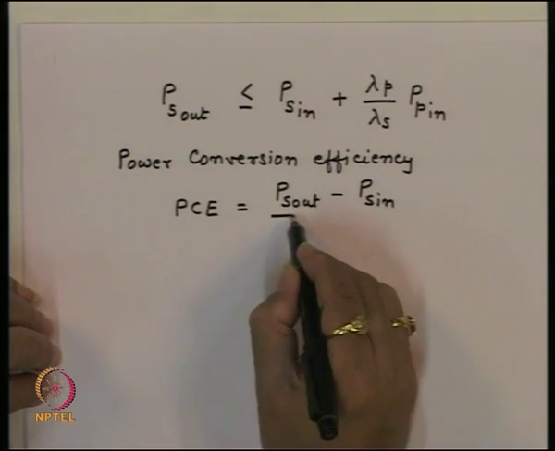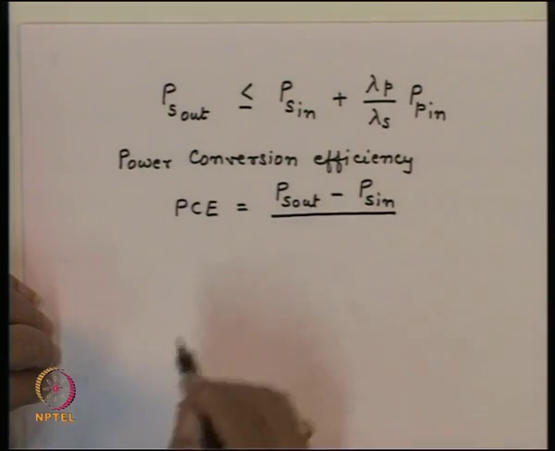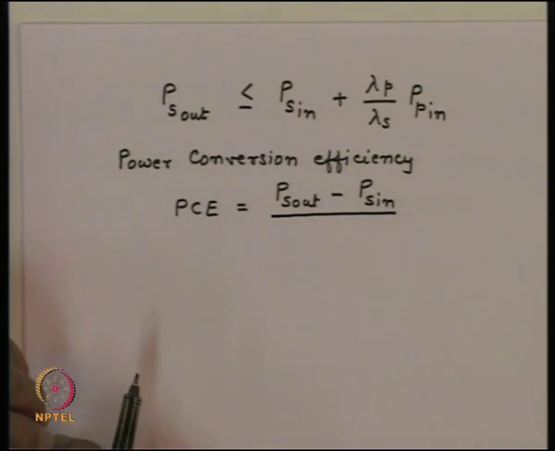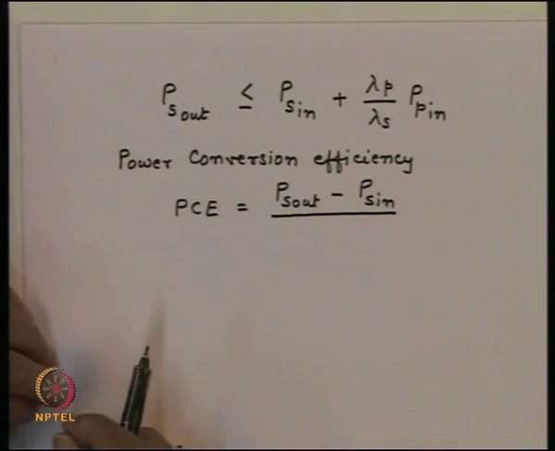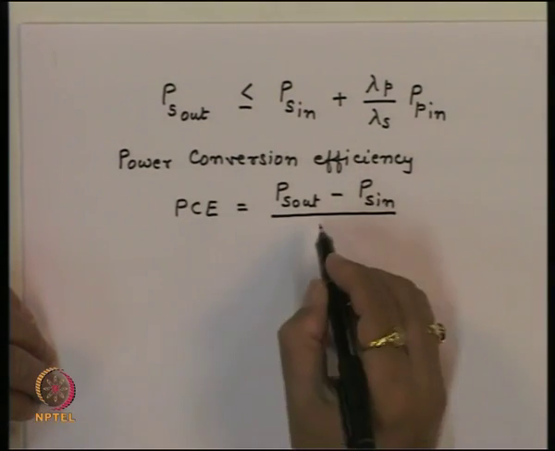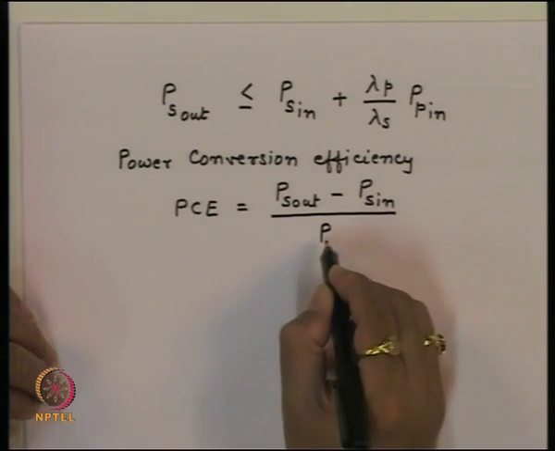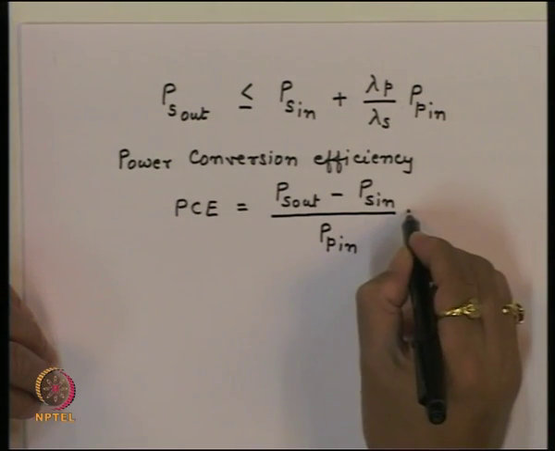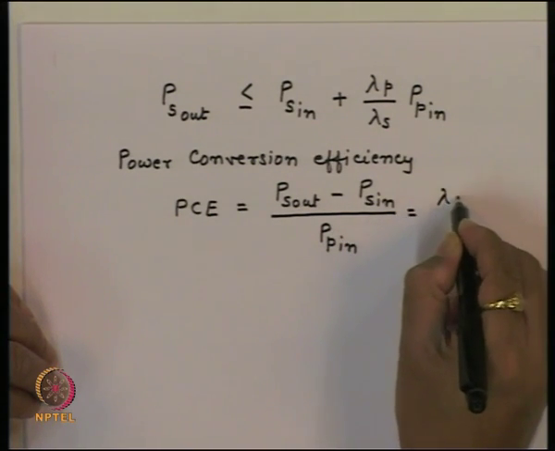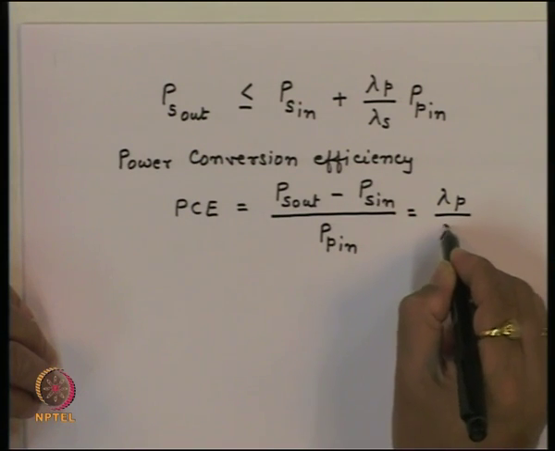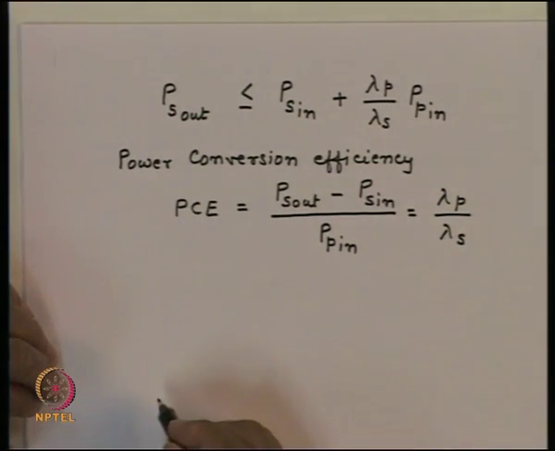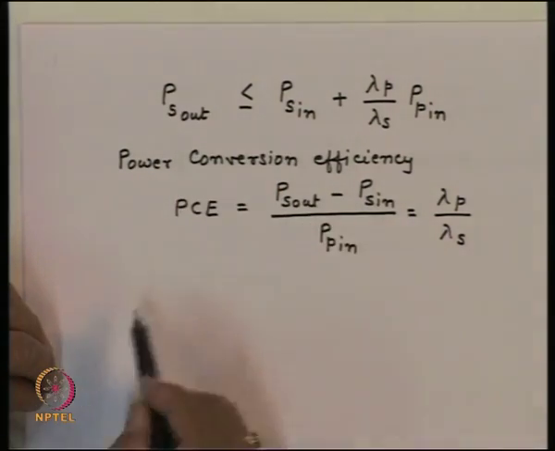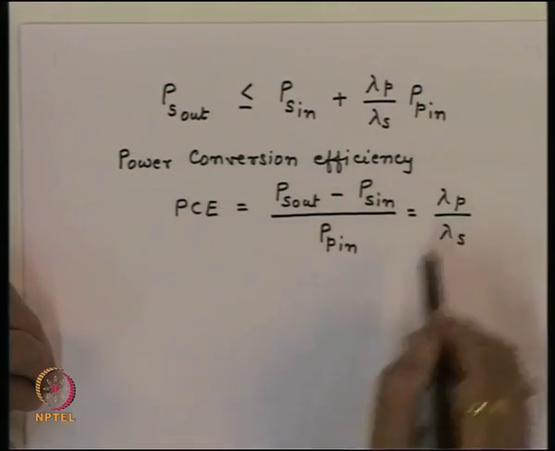That is the power which should have been supplied by the pump power. But every pump photon is not converted into a signal photon, so that's the efficiency we are talking about. This is the pump input, and this quantity will be equal to lambda p upon lambda s. So PCE is P S out minus P S in divided by P in, that is this quantity.